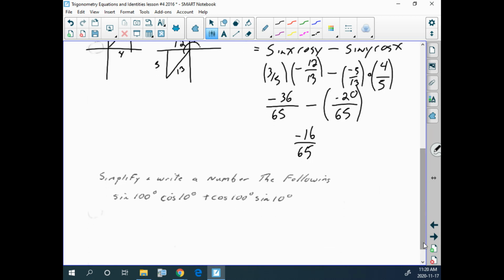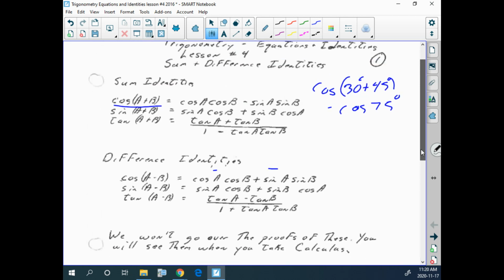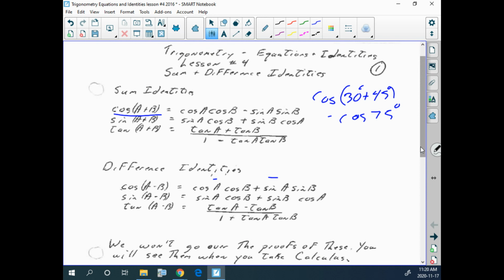We have sine of an angle, cos of an angle, plus cos of an angle, sine of an angle. Which of these identities does that work with? Sine A, cos B, sine B, cos A.